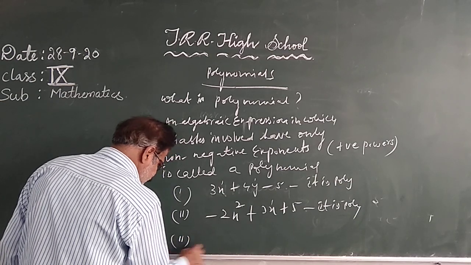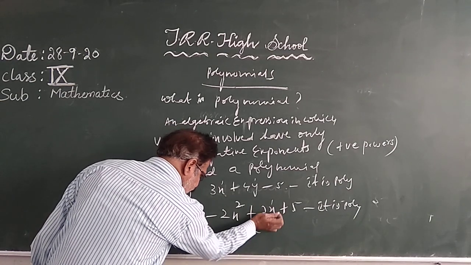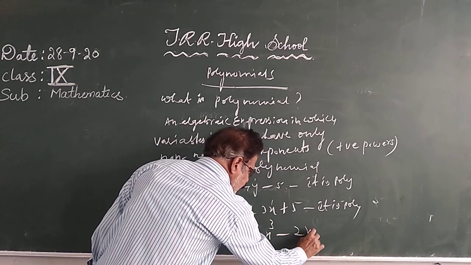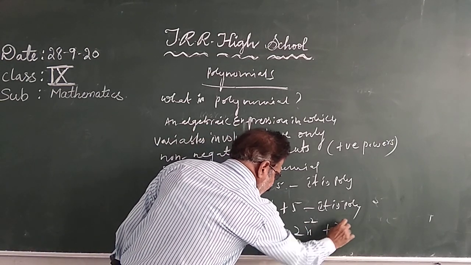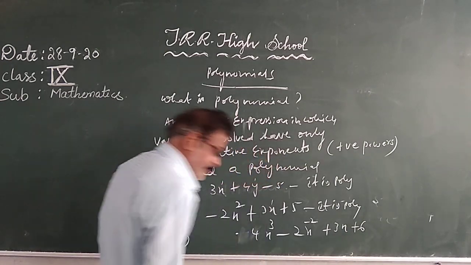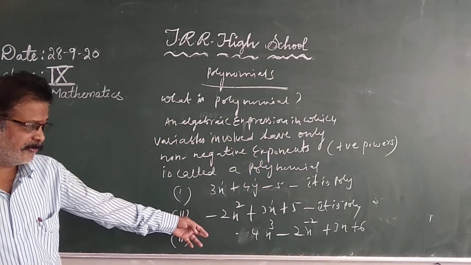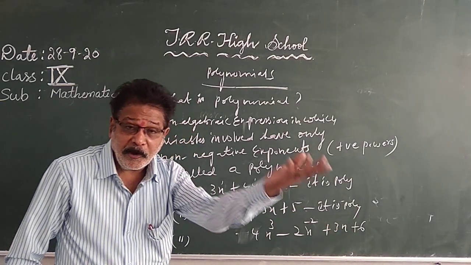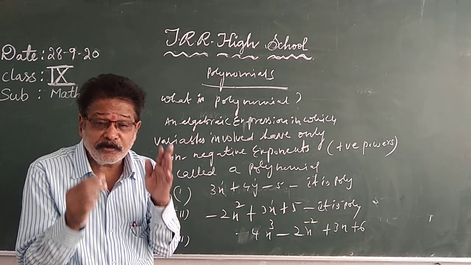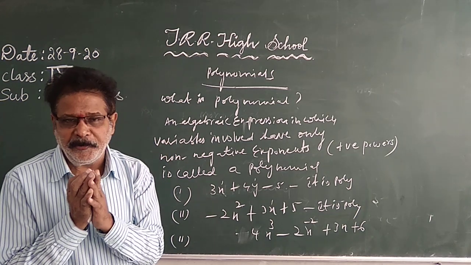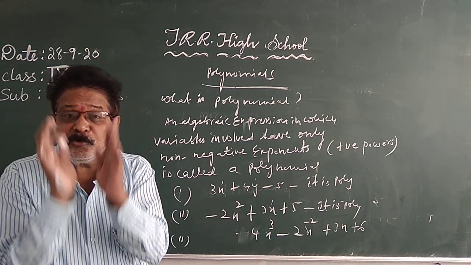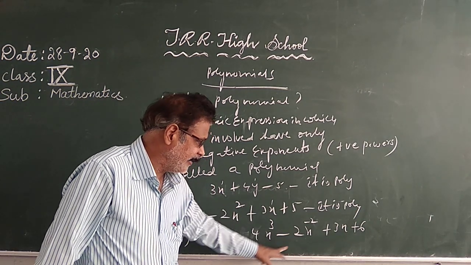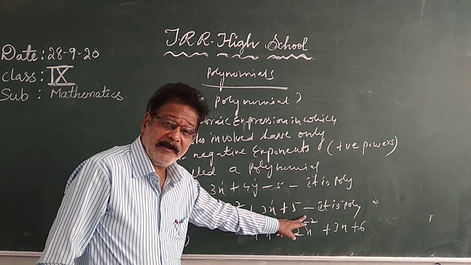Third one: minus 4x cube minus 2x to the power of minus 2 plus 3x plus 6. Is it polynomial? How can you identify a polynomial? A polynomial should have non-negative exponents. Non-negative means positive exponents. Here the second term is 2x to the power of minus 2.